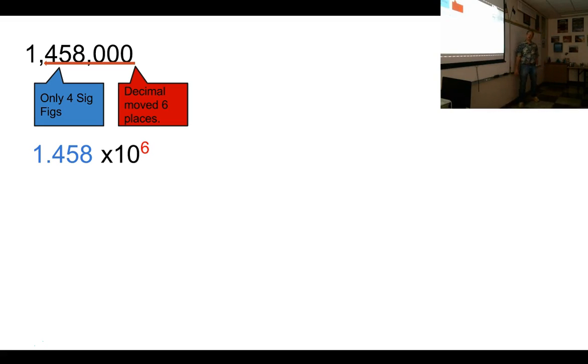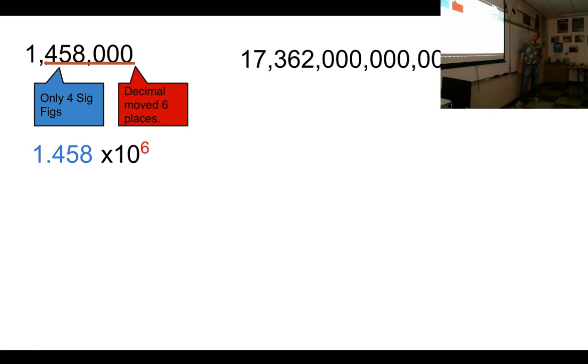So my answer is times 10 to the 6th. Does everybody see how that happens? All right. 17, what is that? Hundreds, thousands, millions, billions, trillions. 17 quadrillion, 362 trillion. That's the number.